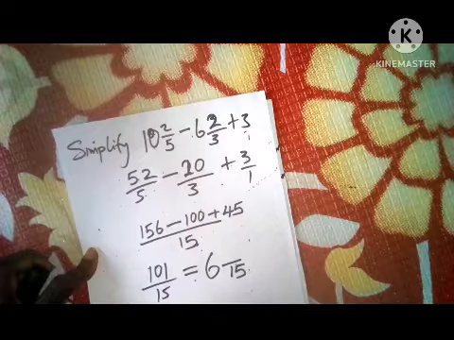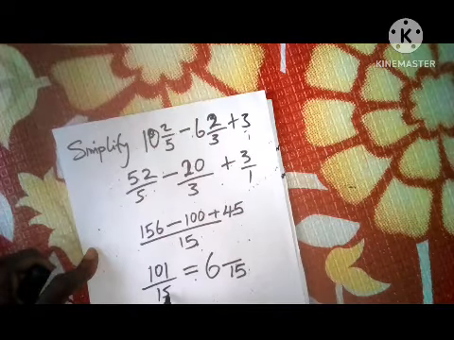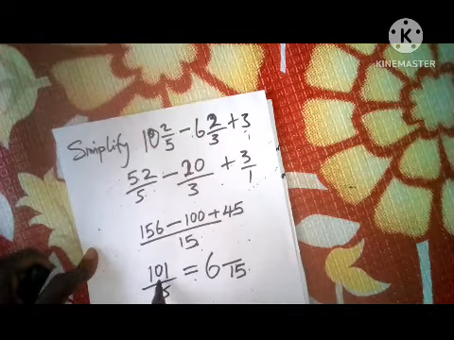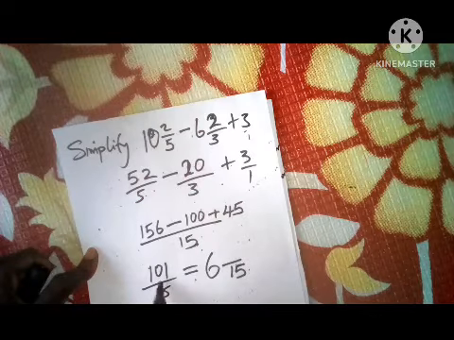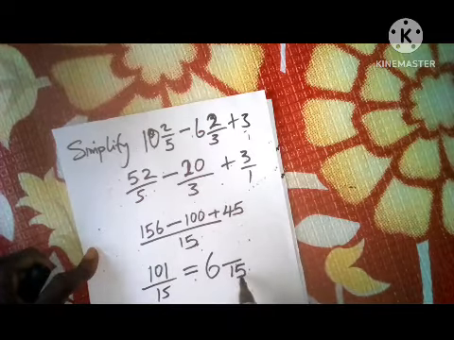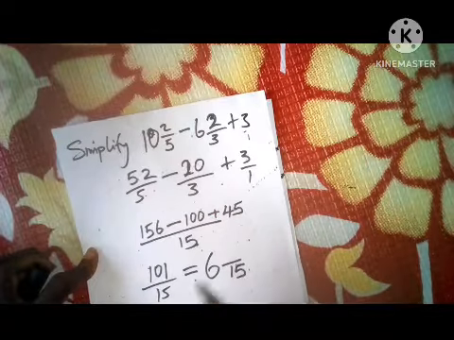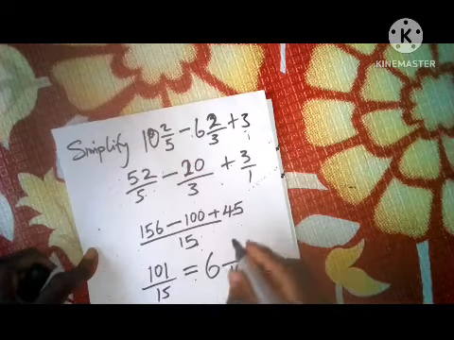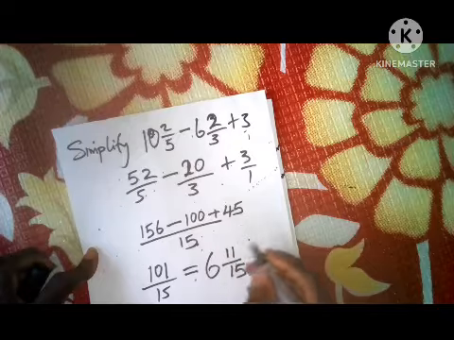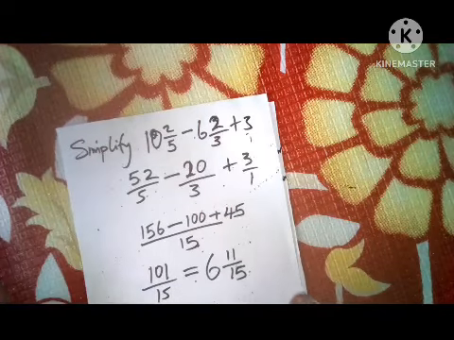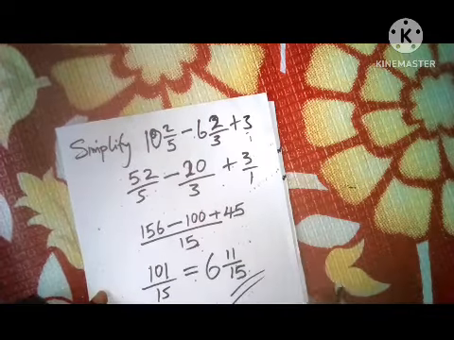Note what I did: 15 times 6, then subtract it from 101, and you get 11. That's another way of getting it in a simple form.